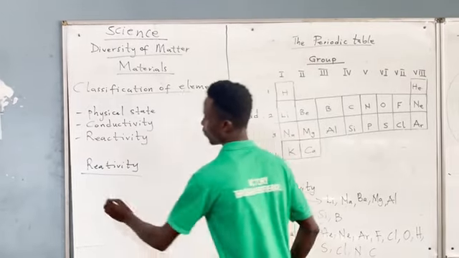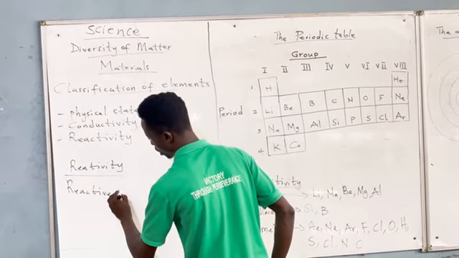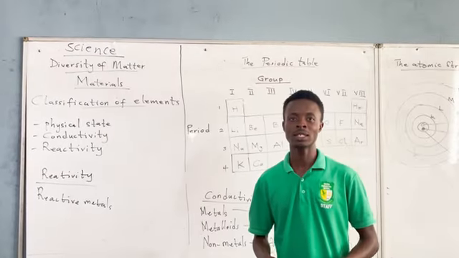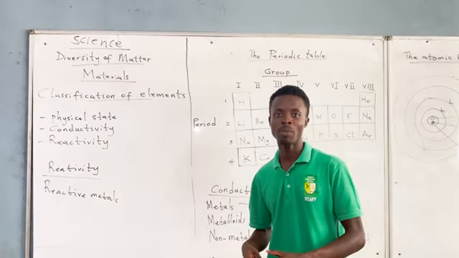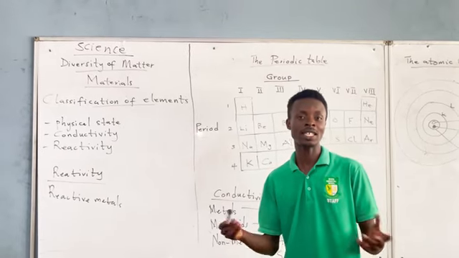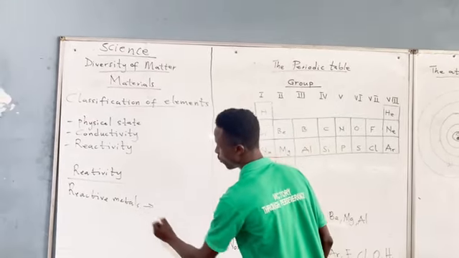First we have reactive metals. These do not exist naturally as atoms, but they exist as compounds. Let's look at reactive metals.